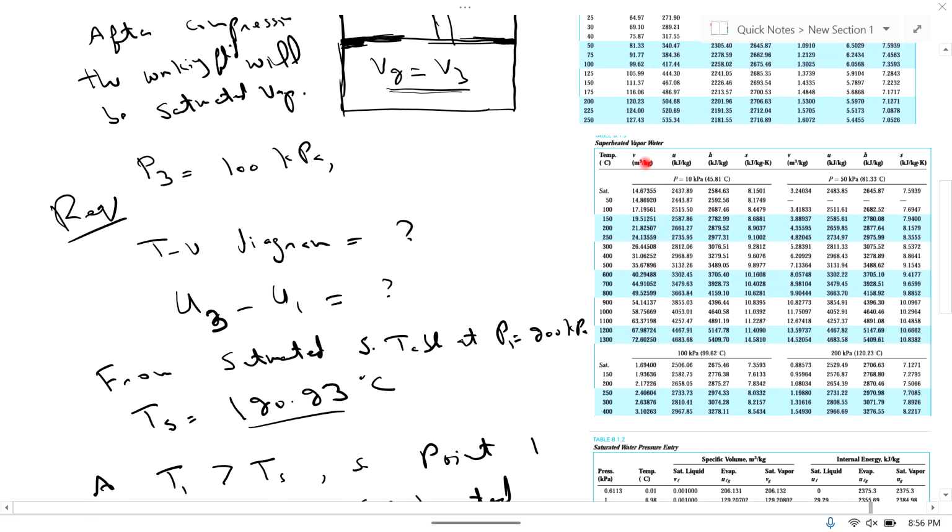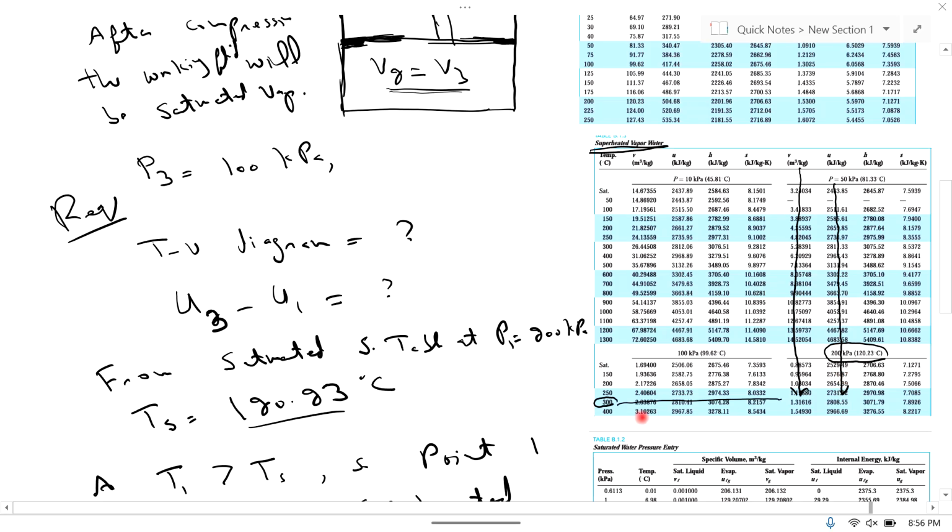This is the superheated vapor table, and here this is 200 kilopascal pressure, and this temperature is 300 degrees centigrade. Here this is the temperature line, this is pressure 200 kilopascal, this is specific volume V, and this is internal energy.